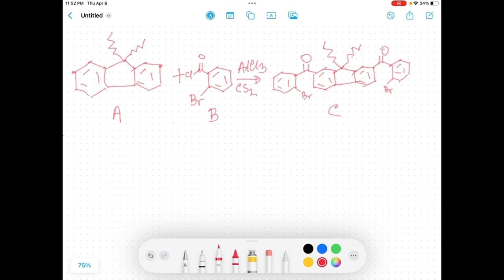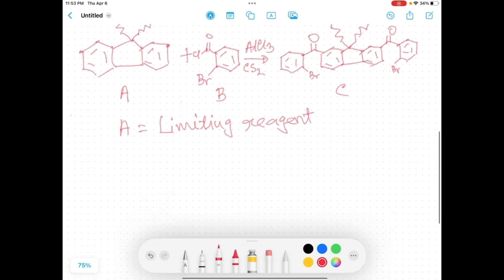Among A and B, A should be fixed and B amount you can use a little bit more. That's why A is the limiting reagent for this reaction. Based on that limiting reagent you can decide the calculation.